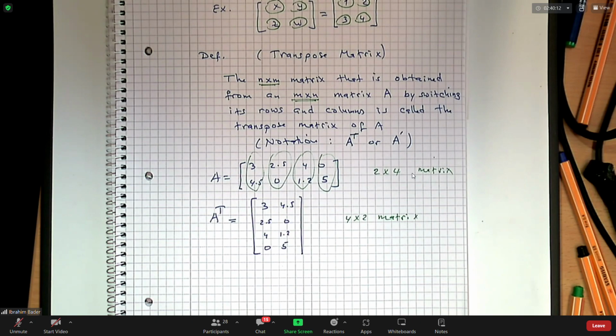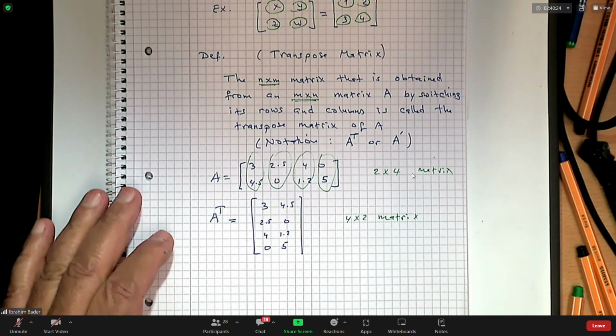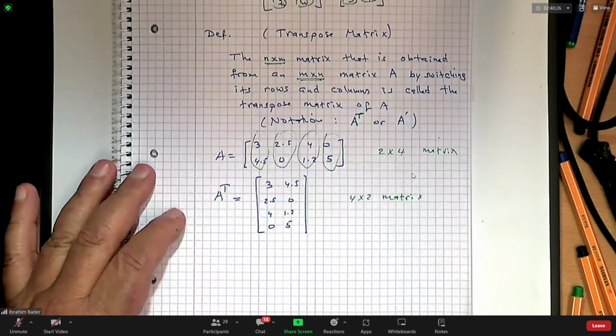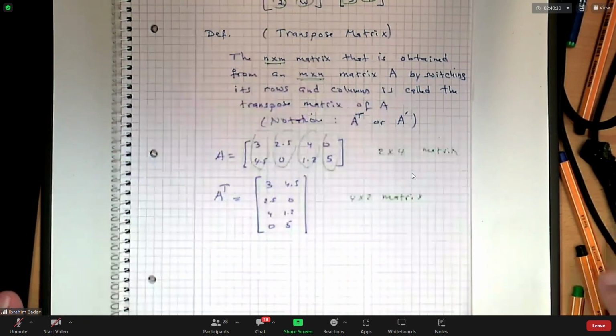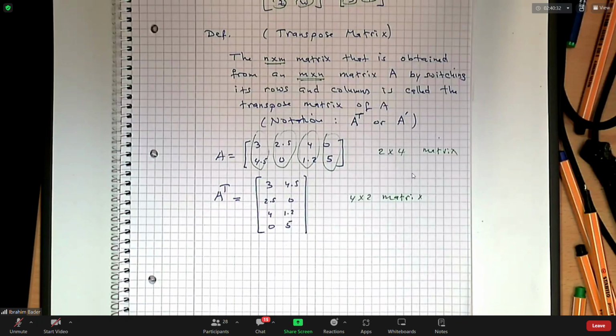Now, as I told you, addition of matrices and subtraction of matrices, just like we did with vectors, we will do it component wise. That means you will be just adding and subtracting. Now, the new thing about matrices is the following.